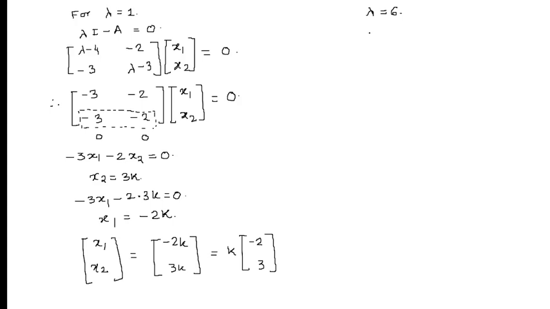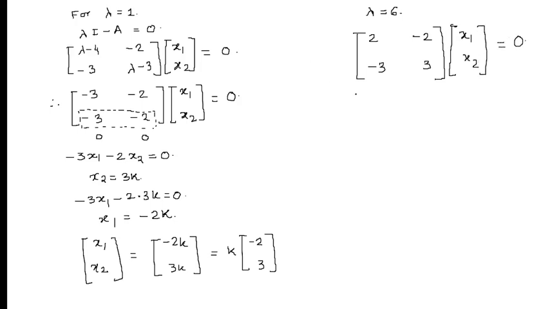You will find it will be 6 minus 4, so it will be 2, then it is minus 2, then it is minus 3, and it is also plus 3. Okay. So this is our expression. Here it will be x1 and x2. This is equal to 0.